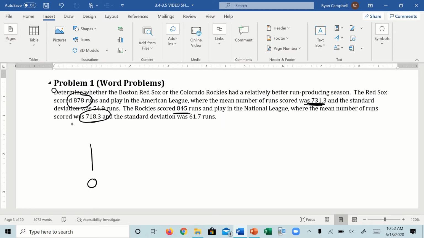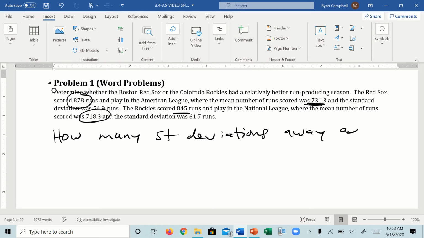So if this is the average of 0 for a z-score, and we knew how far away each of these were from the mean, from their respective means, we would be able to know who did better. So what that means is we need to know how many standard deviations away are each of these scores from their respective mean.